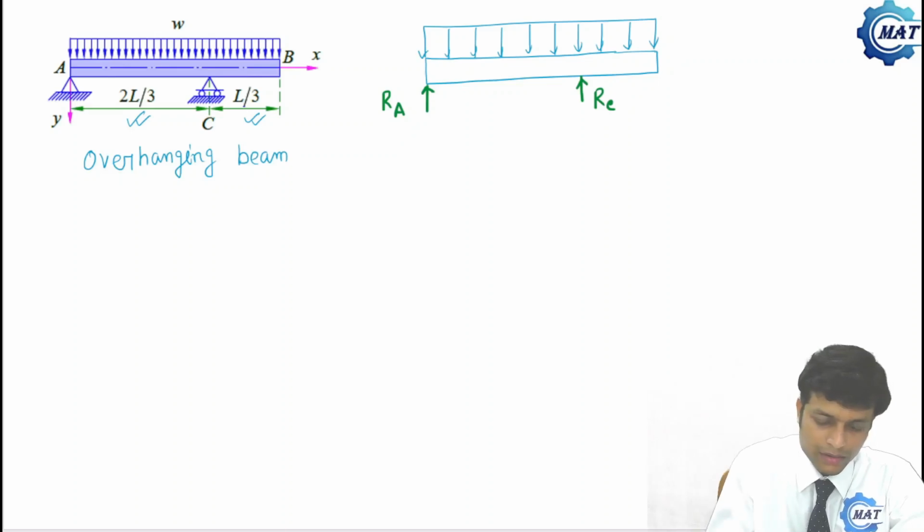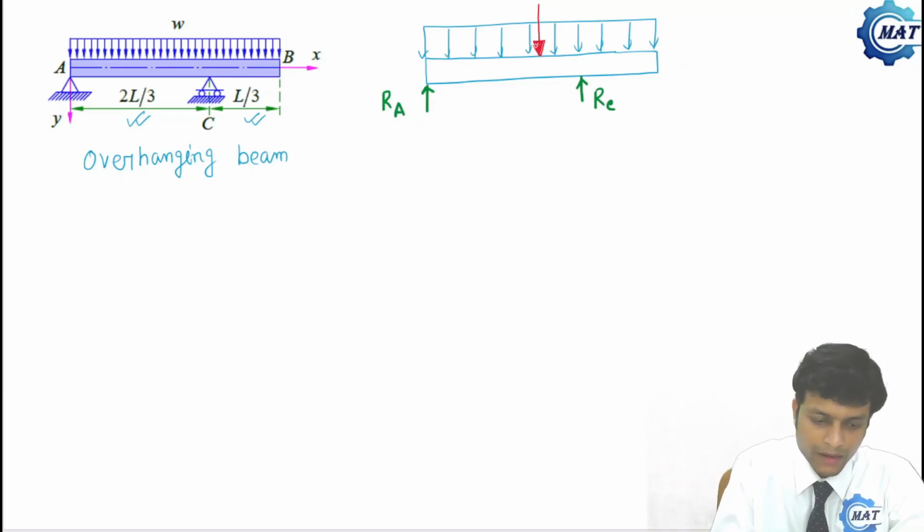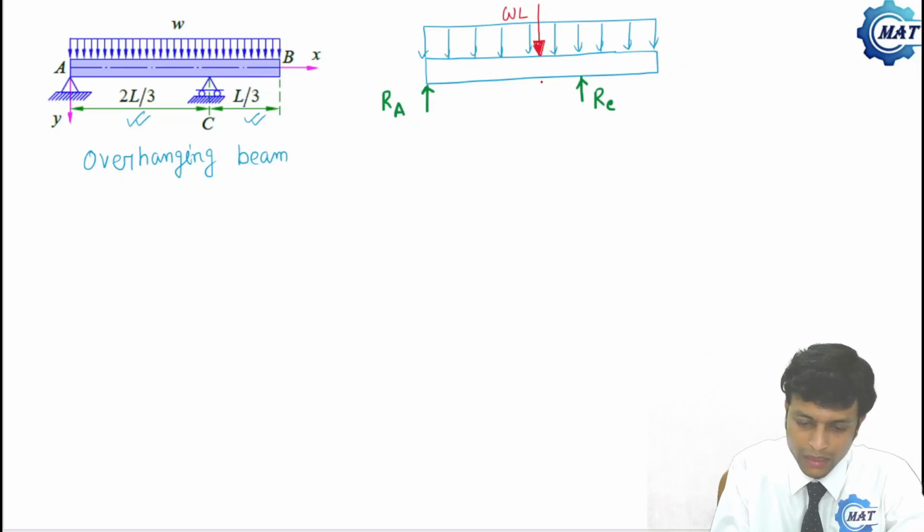And the resultant of this uniformly distributed load is what? Total load is W into L. W into L is the total load, and that will act through L by 2 from A. This is A, this is B, and this midpoint is C. This point is C, and say this point is D.